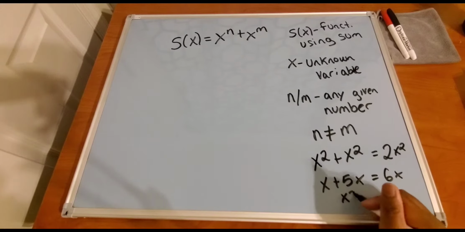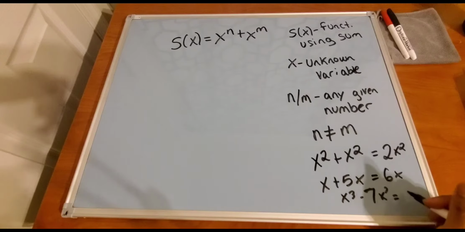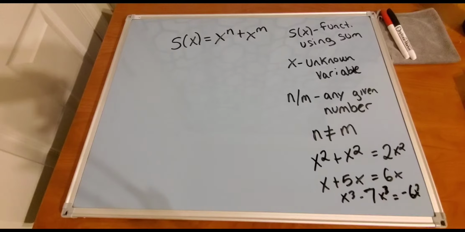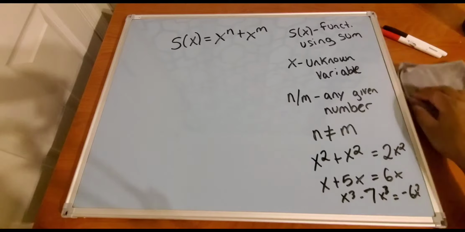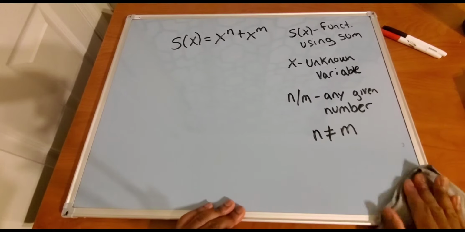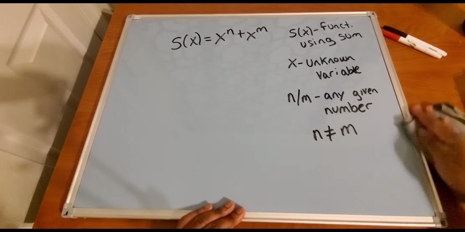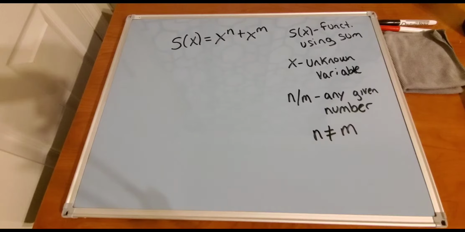If we have x cubed minus 7x cubed, well, we know that's equal to negative 6x cubed. So for these, if they're equal, we don't need to use sum rule, just a power rule. Though that last one, it's still a power rule, but initially that wouldn't have been sum, that would have been difference. So I'm going to say that they're not equal.